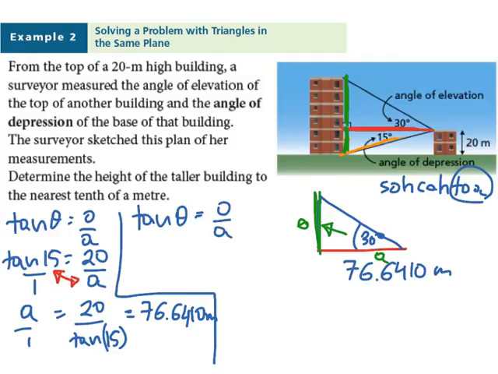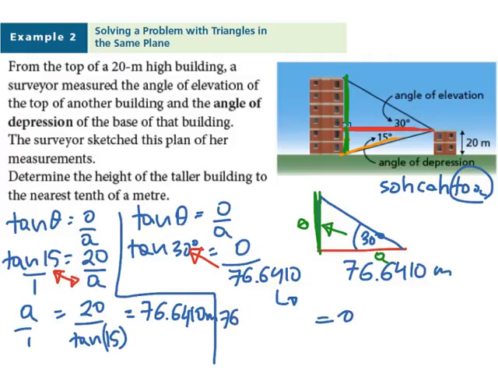So again, we rewrite: tan of any angle is opposite over adjacent. Tan of, we plug it in, 15 degrees, sorry, not 15 degrees, but 30 degrees, is opposite over 76.6410. Then we cross multiply because we're solving for opposite. Opposite is equal to 76.6410 tan 30 degrees.